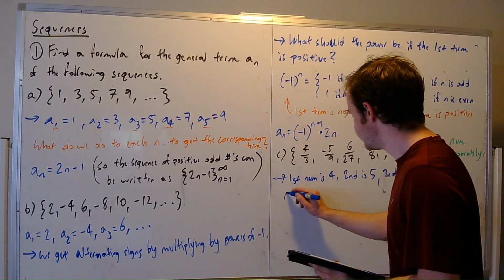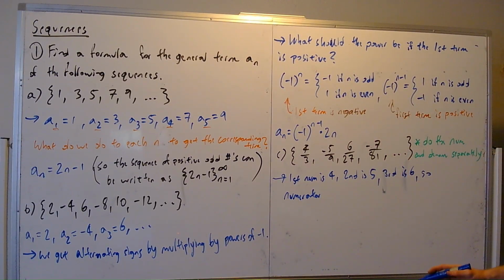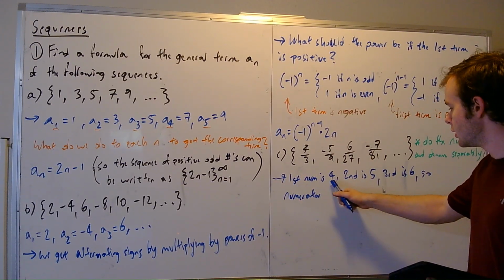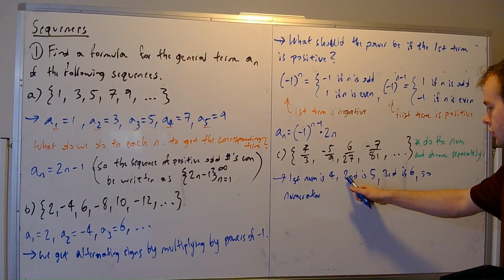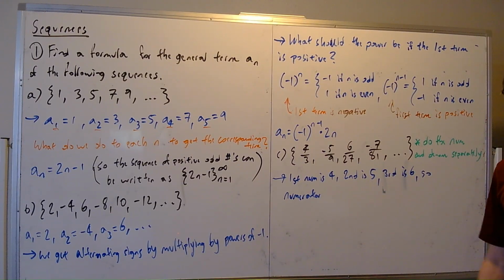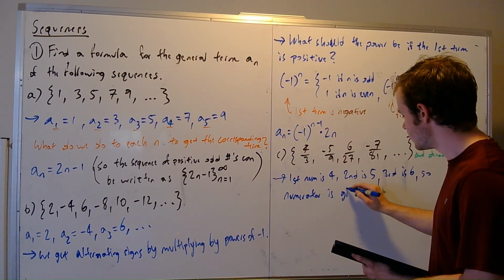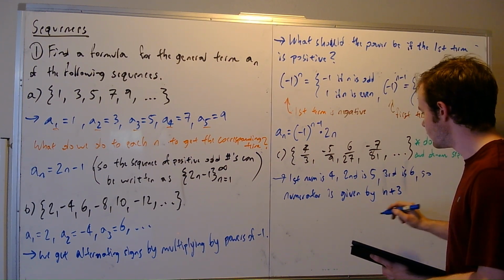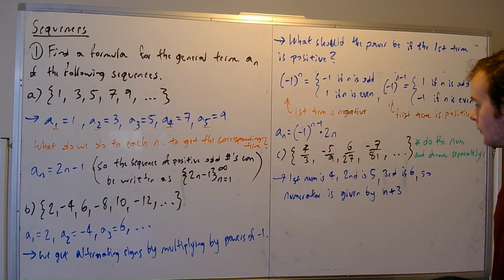So for the numerator, pause here and think about what the formula should be. It looks like you're taking this number and adding a number to it. The difference between this and this is 3, difference is 3, difference is 3, and so on. So the numerator is given by n plus 3, right? Because each time, for the first entry, you add 3 to that 1, you get 4, and so on. So that's how we figure out the numerator.